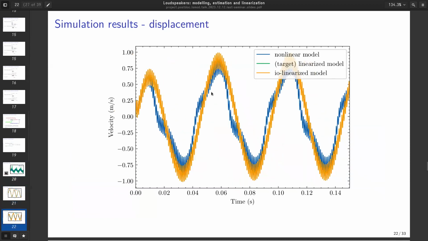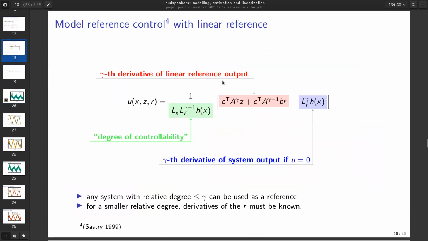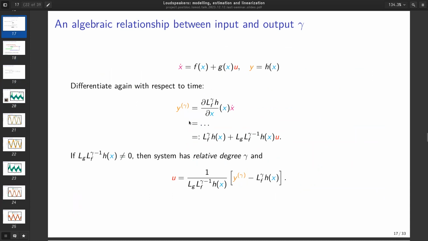What you could also do maybe is add some kind of optimization.